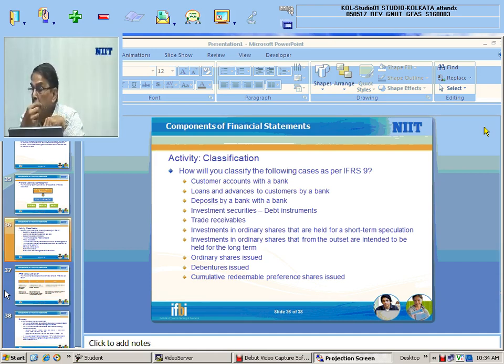Deposits by a bank with a bank. Sometimes banks maintain accounts with another bank. The bank can maintain a current account with another bank, or it can maintain a fixed deposit in another bank. So when a bank deposits money with another bank, is it a financial asset or a financial liability?